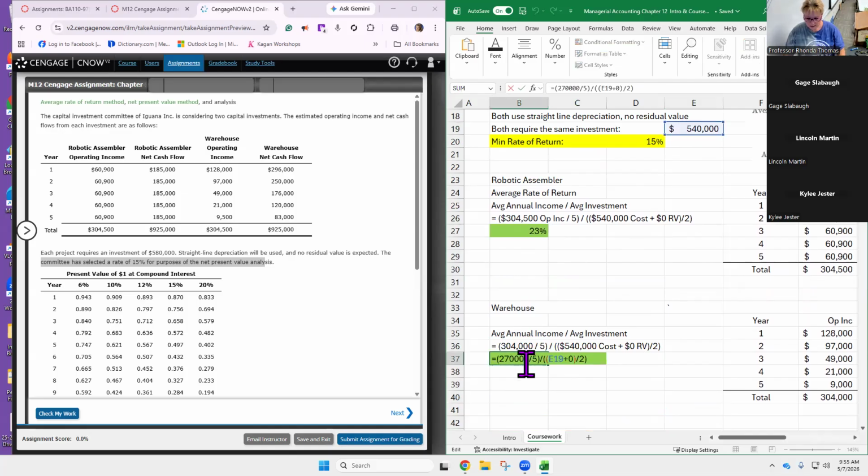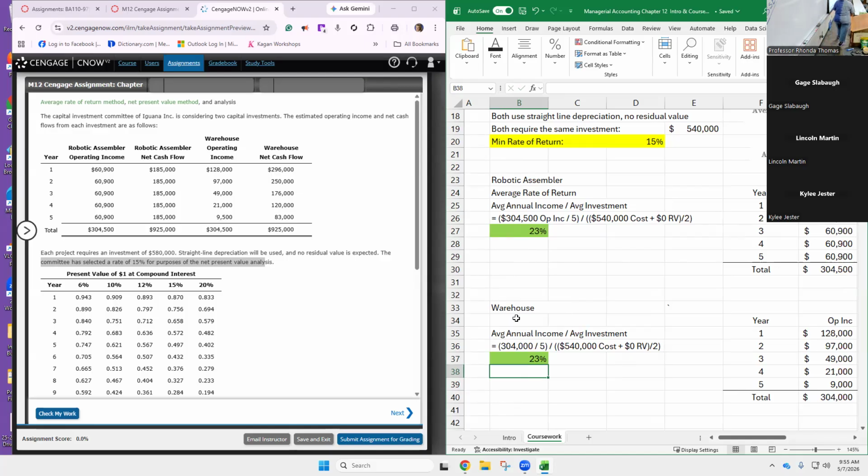So let me see what I have wrong. Okay, here's what I have wrong. I don't have the right total income. Once I key this in or make it a reference, making it a reference works out better because it stays put. So now I have exactly what I have here.